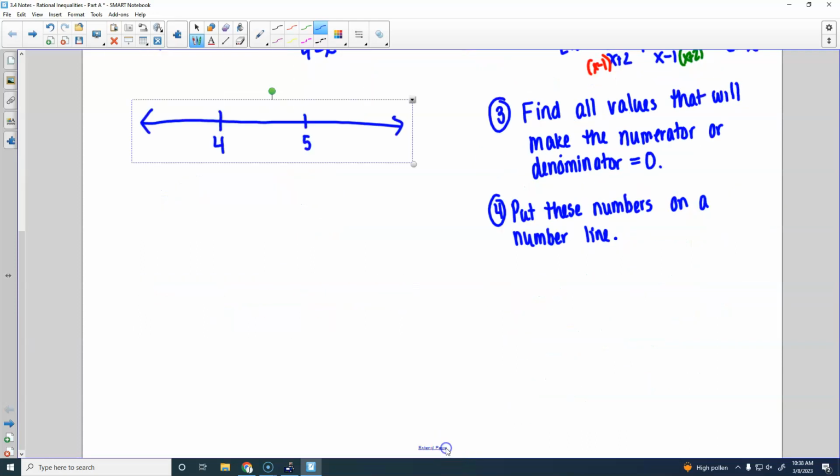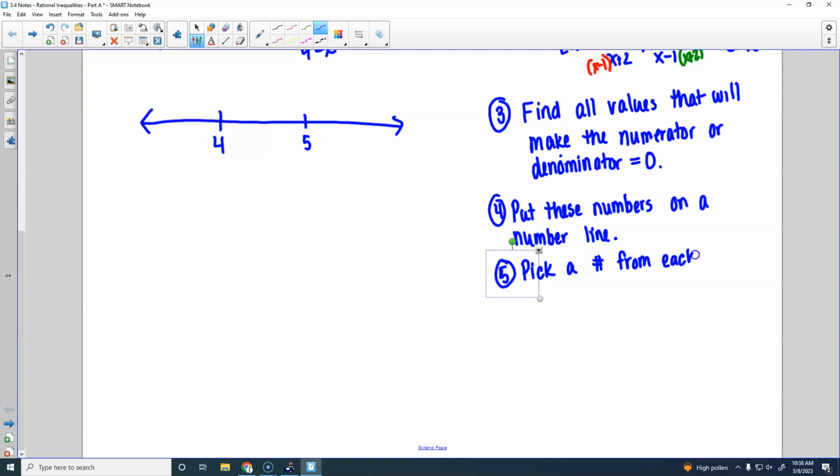So we are going to then pick a number from each region and test to see if, when I say it is a bad word to use in math.